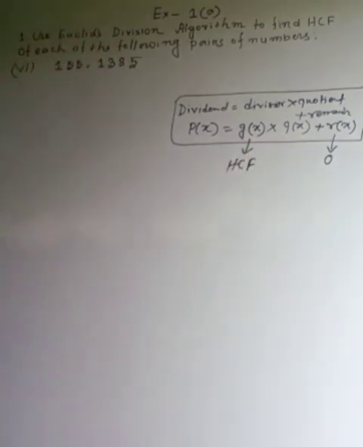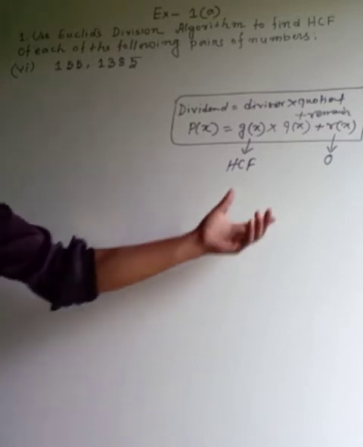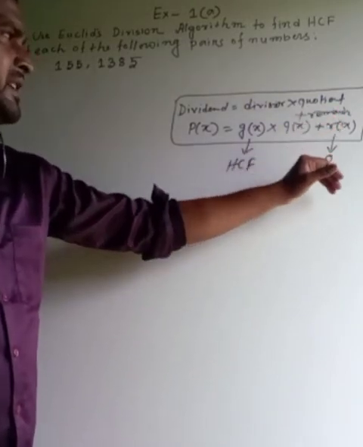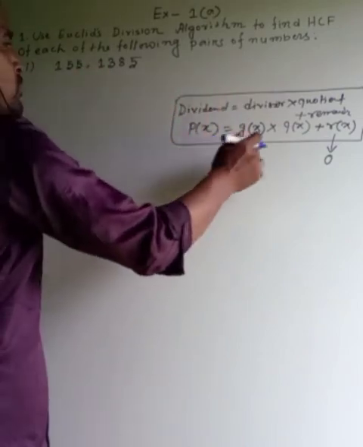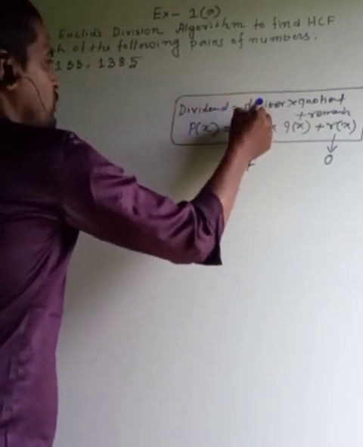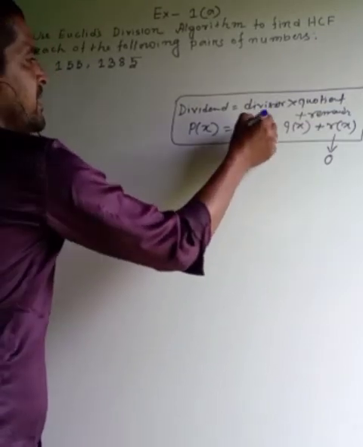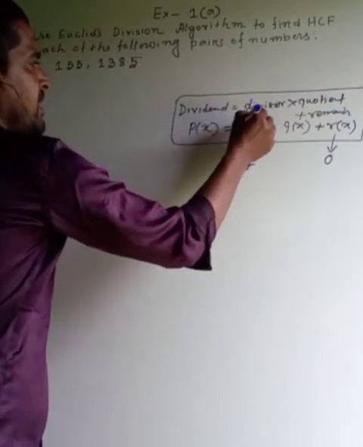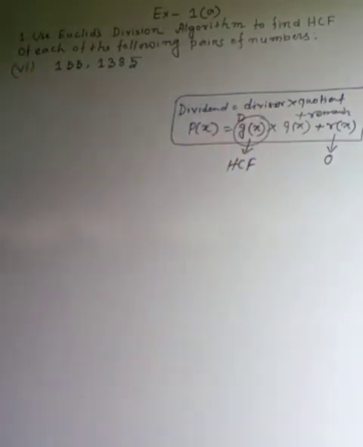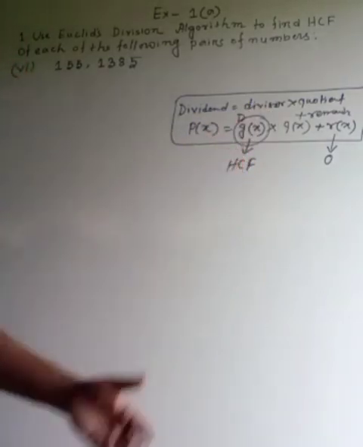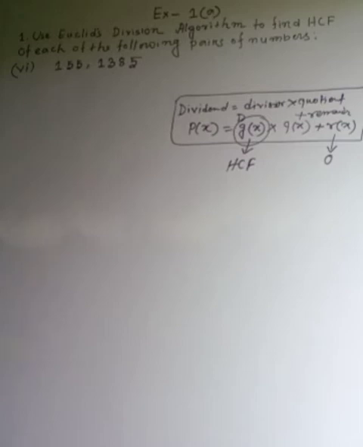Try to understand what I am trying to say. When you get the remainder 0, you have to see what was the divisor. This divisor will be the HCF.